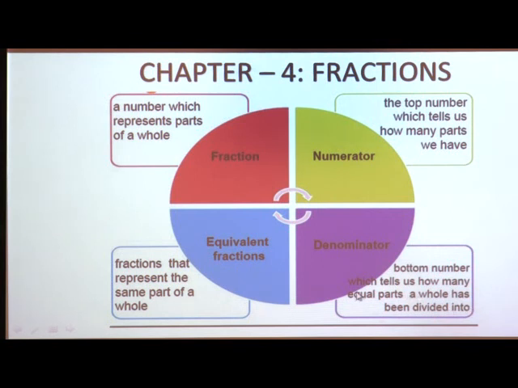So a fraction is written with the numerator at the top and the denominator at the bottom. Step by step we will learn fractions, numerator, denominator and equivalent fractions.